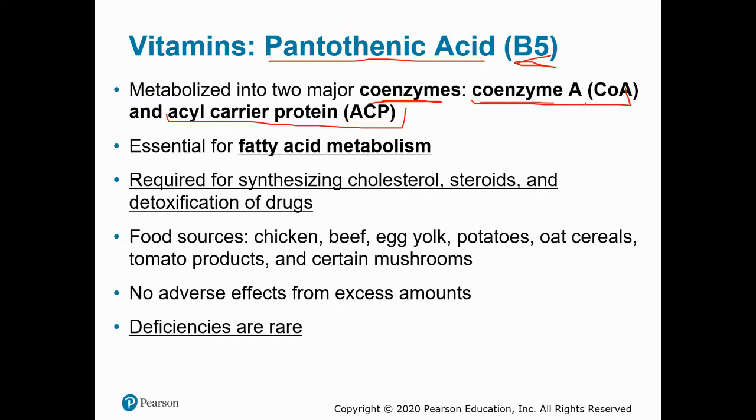So remember, coenzyme A is that little component that gets added to the 2 little carbon-carbon chains when we make acetyl-CoA. So that's important for all sorts of metabolism. Also, acyl carrier protein supports fatty acid metabolism specifically.